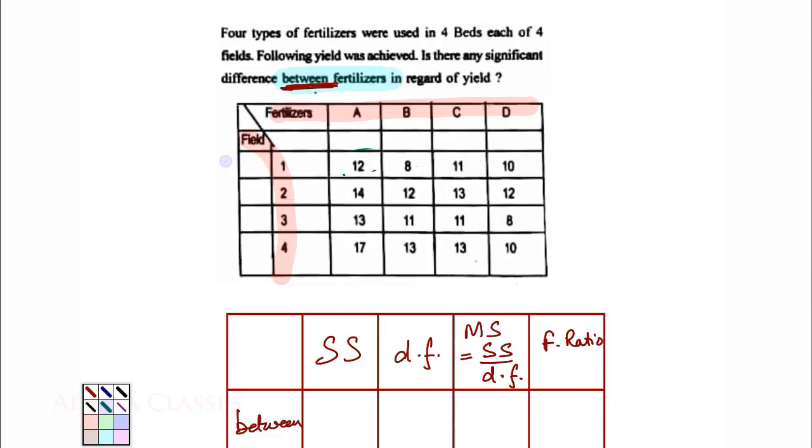It is not being asked between these fields. Rather, they are asking for between fertilizers. So this we need to take care of. This is the most important essential element of setting up the ANOVA table.